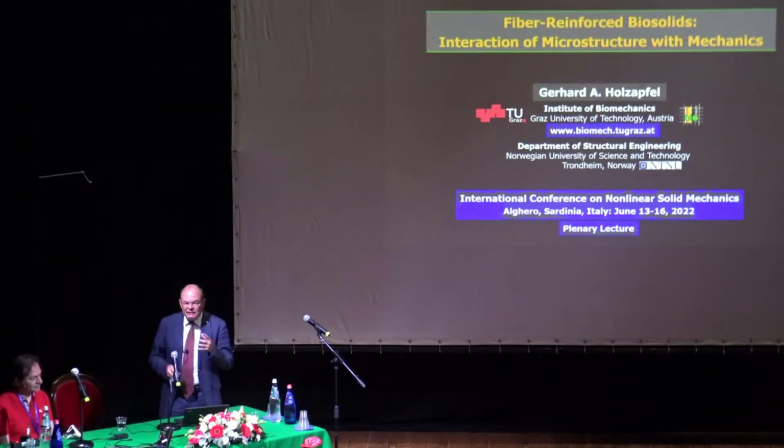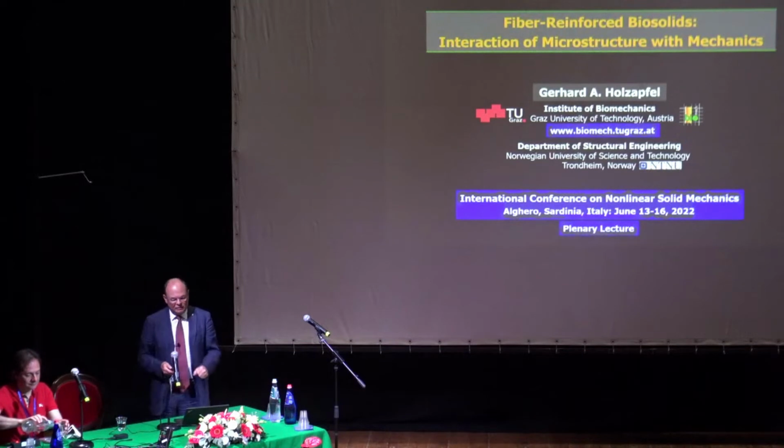Because several diseases are based on that. I just mentioned the aortic dissection. I mentioned the aneurysm, where it is basically a malformation and a change in the microstructure. And we really want to better understand what's going on there.